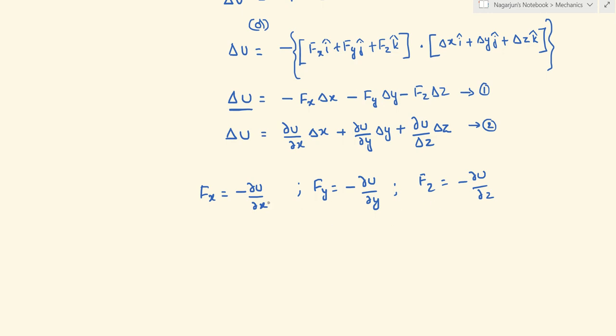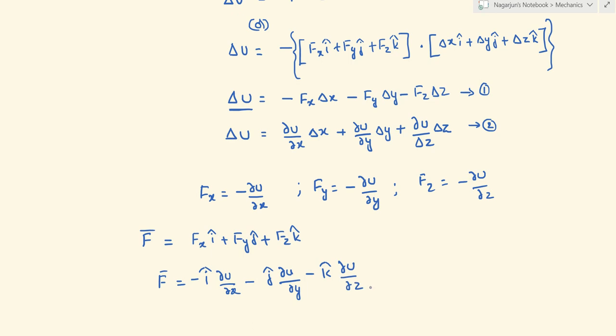So, expressing Fx, Fy, Fz, I can express force, which is Fx i cap plus Fy j cap plus Fz k cap, as F bar is equal to, in place of Fx, let me substitute this, so that i cap minus dou U by dou x minus j cap dou U by dou y minus k cap dou U by dou z.